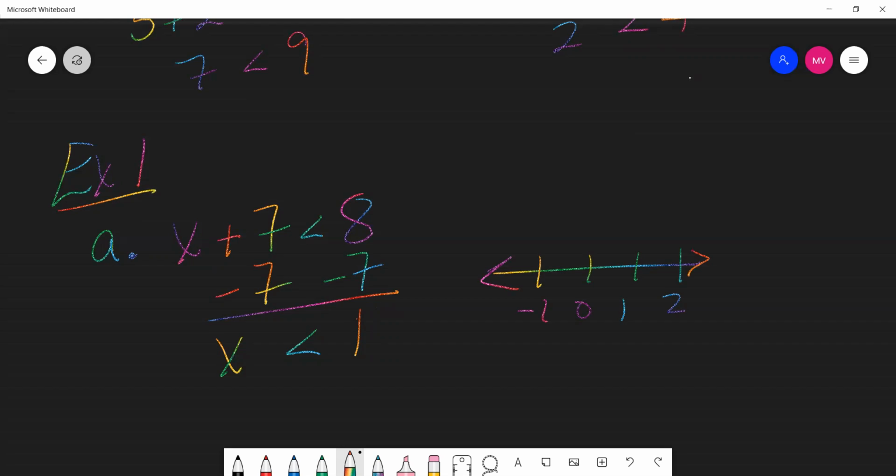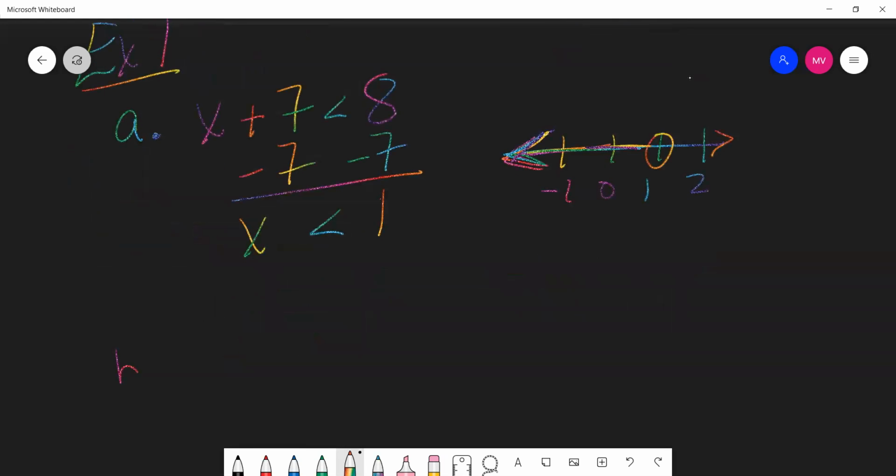Does it include 1? Remember it's closed if it's equal to. It's open because that means we start at 1, but we don't include 1. Because 1 is not true. And then you move left because it must be smaller than. So that means that any number less than 1 gives you a true statement that makes that inequality true.